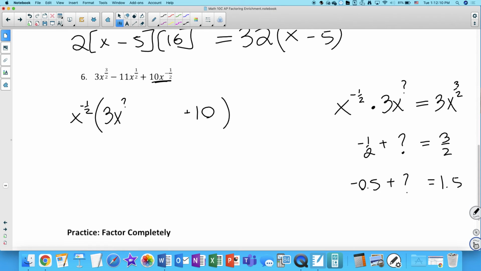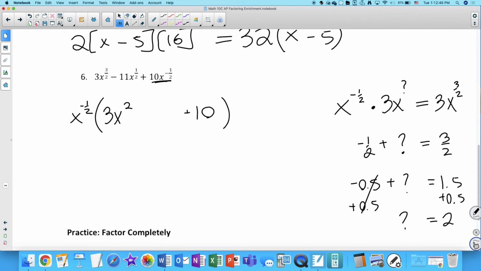But if you want to isolate that, you just add 0.5, and then that has to be 2. So this is 2. And if you think about going this way, 3x squared times x to the negative 1/2, if you add these exponents together, you're going to get 1.5, which is 3/2.